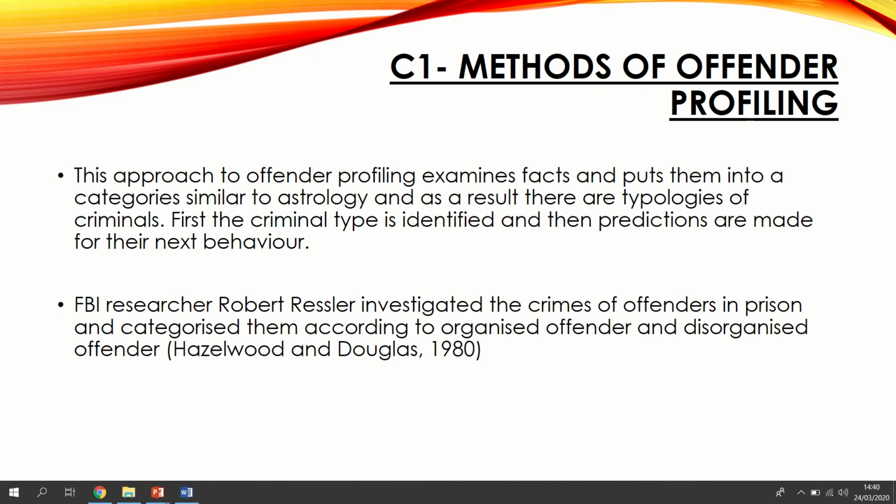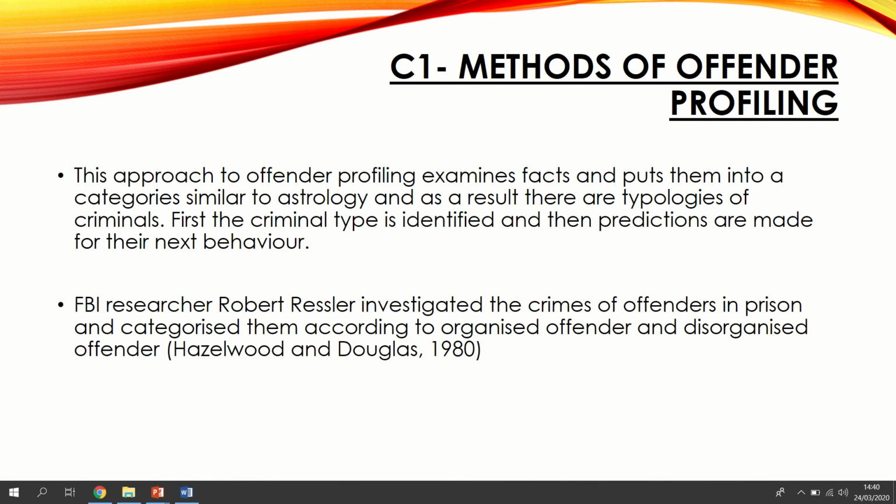They basically did an in-depth interview with convicted murderers, detailed information from behavioral science units, and then they created a classification system for several serious crimes, including rape and murder. And they started to categorize criminals into either a disorganized offender or an organized offender.